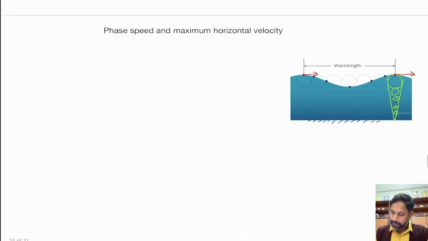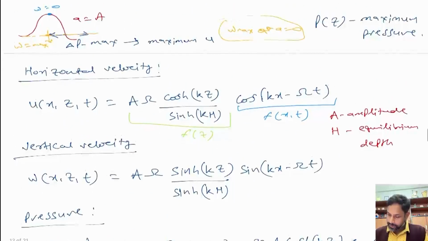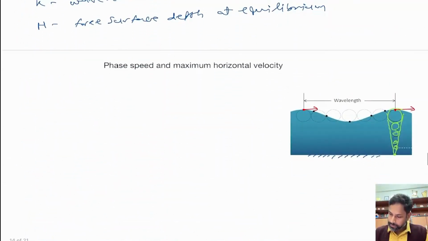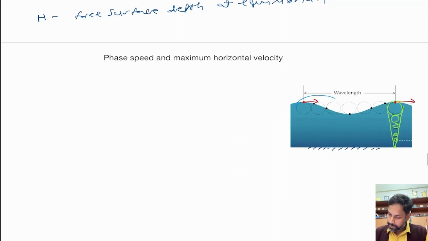Okay, and this part, what you see here, is defined as a function of x and t. And what you see here is defined by a function of z.